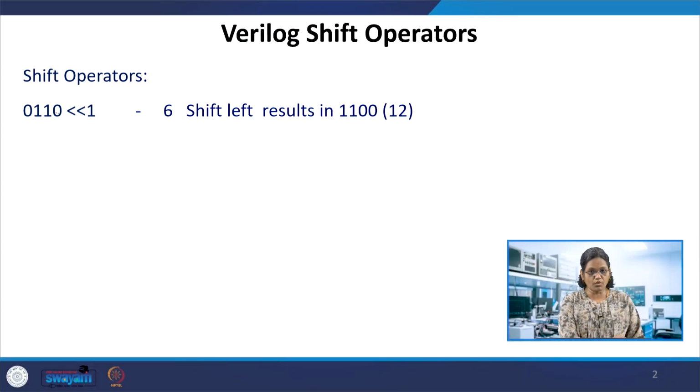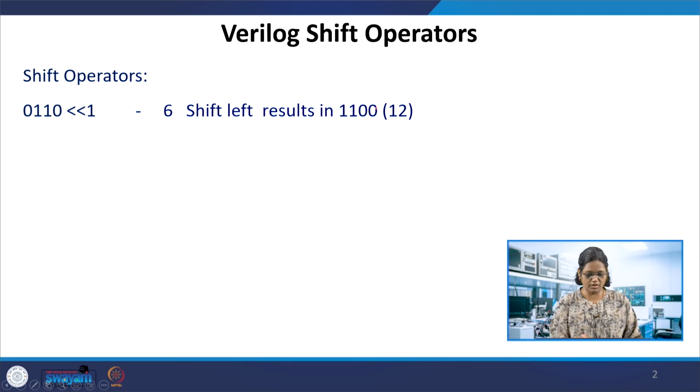The shift operators we had already seen in the very beginning of these lectures. Suppose it is 0 1 1 0, the 4-bit number 6. Shifting left by 1 results in 12, that is 1 1 0 0.